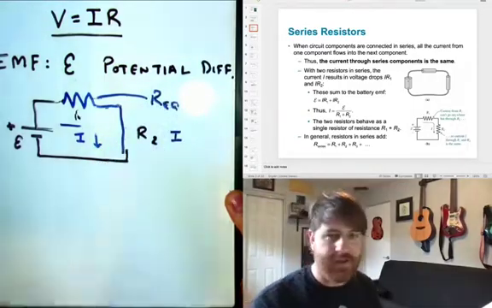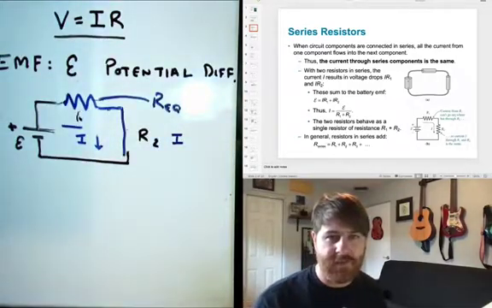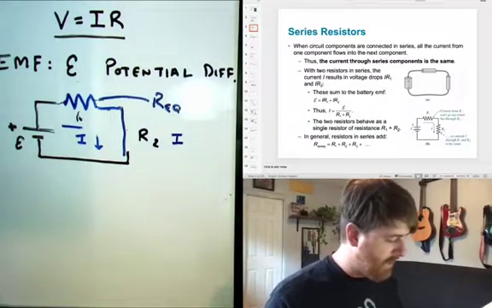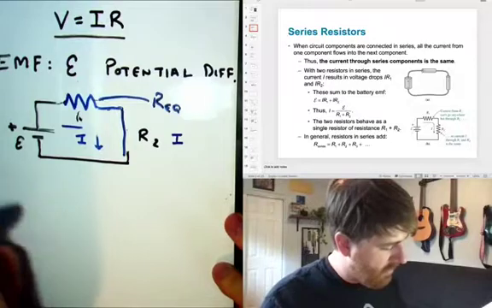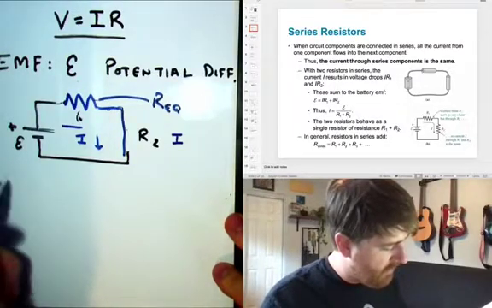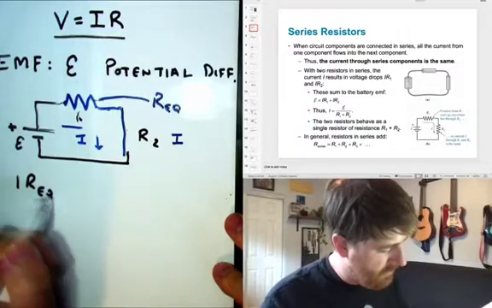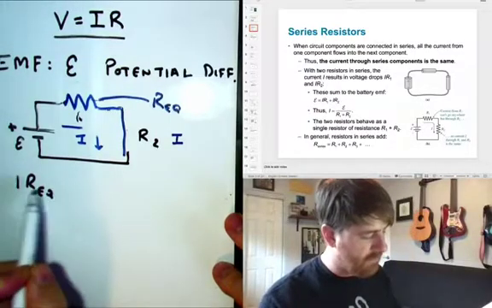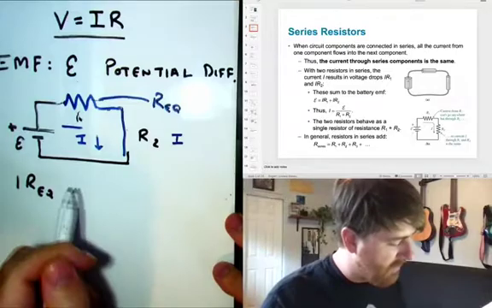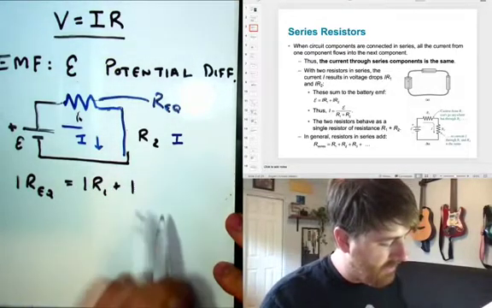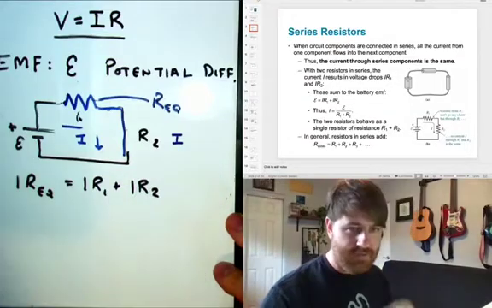It's the equivalent resistance of resistors 1 and 2. Then I know that I times R equivalent, that's the voltage across the equivalent resistance, is I times R1 plus I times R2.